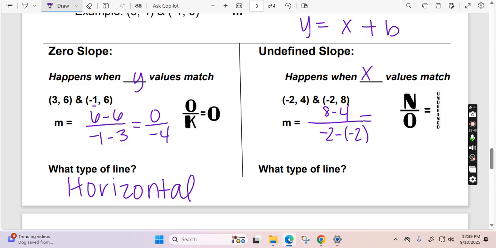What's 8 minus 4? 4. What's negative 2 plus 2? 0. If you have 0 as your denominator, it is undefined. So what type of line has an undefined slope? A vertical line.